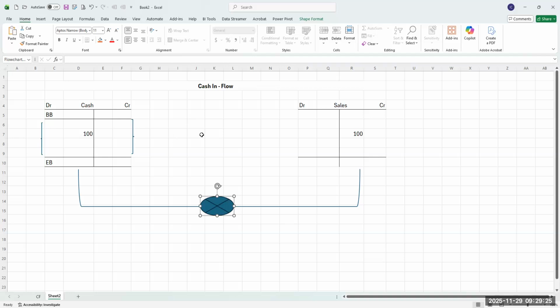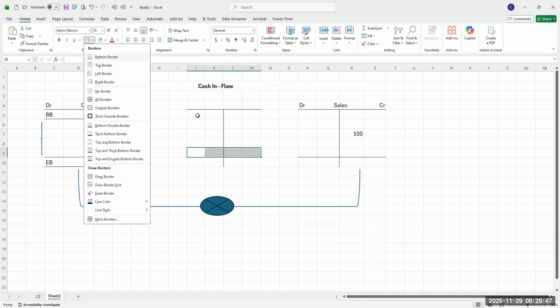What account do we have in the middle? Which account will be in the middle? You're making the sales, you're not collecting the money.